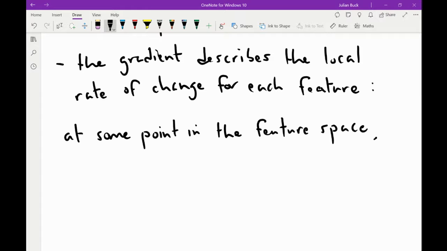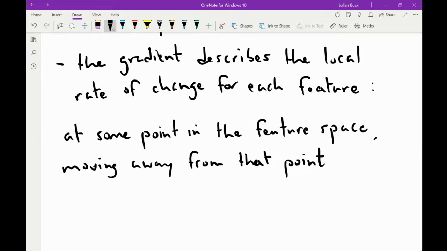So if we're somewhere in the feature space, which of course could be fairly high dimensional, what happens if we move away from that point by a small amount? So we make a small perturbation at that point in the feature space. We move away from it in any kind of direction we want. Moving away from that point by a small amount changes the feature values.